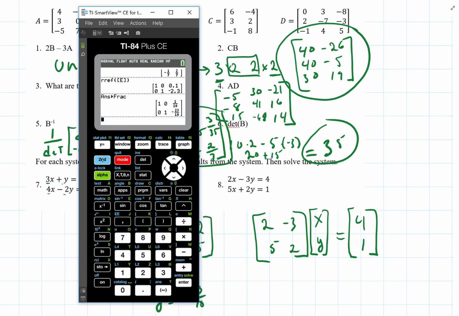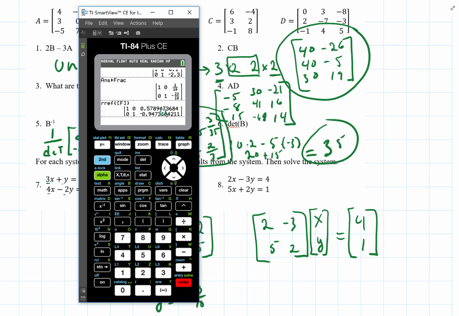We'll run that same command again. Second matrix math, and it's option B. I can push alpha B here. Plug in, whoops, okay, hit something twice. There we go. RREF, and this time we're going to plug in a reference to matrix F. Option 6. Close parentheses, enter. And you see again, we get the identity matrix over here in the first 4 elements.